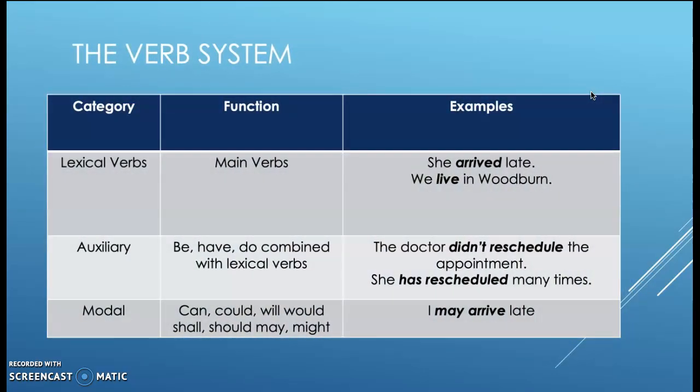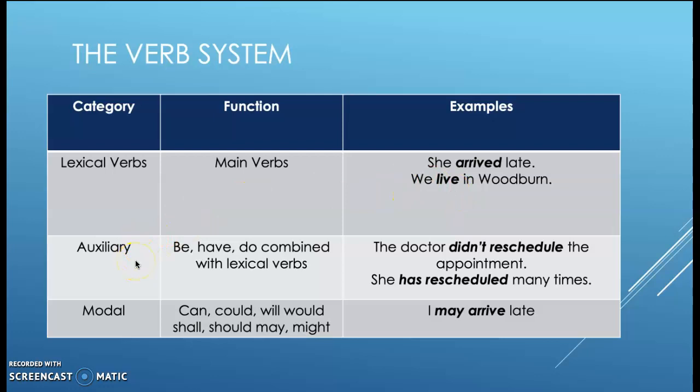Verbs are so essential to making meaning. We have different kinds of verbs like lexical verbs, auxiliary verbs, and modal verbs. The first, lexical verbs, are kind of our main verbs. For example, she arrived late, or we live in Woodburn. These are going to be the central meaning of the sentence.